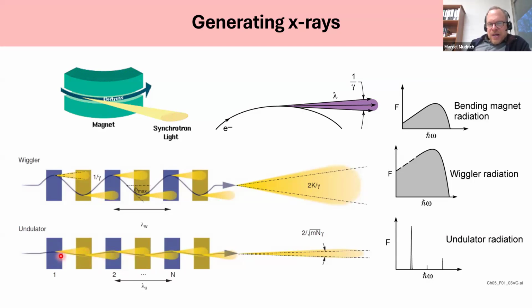Then it comes to choosing the energy of the electrons and designing the undulator structure correctly to assure that the light superimposing in each period interferes constructively.